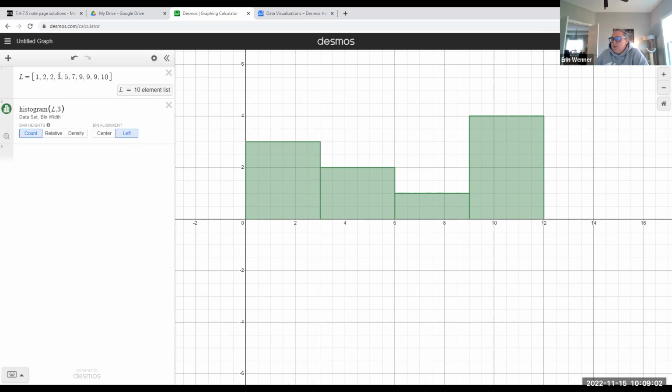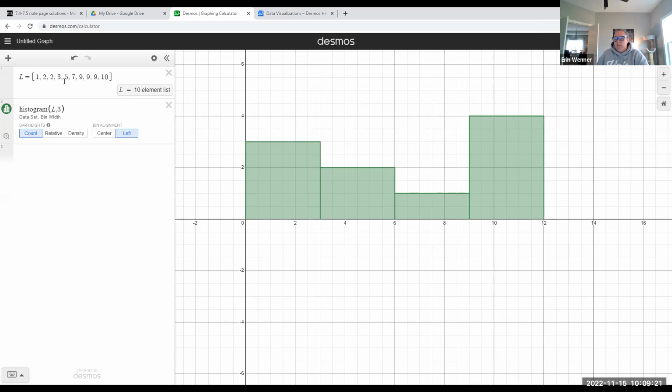Oh, I see what they're doing. When they do a bin of 3, they're going from 0 to 2, because 0, 1, 2 is 3 numbers. So that's why they're showing 3, because the 1, 2, and 2 gives me 3 numbers.